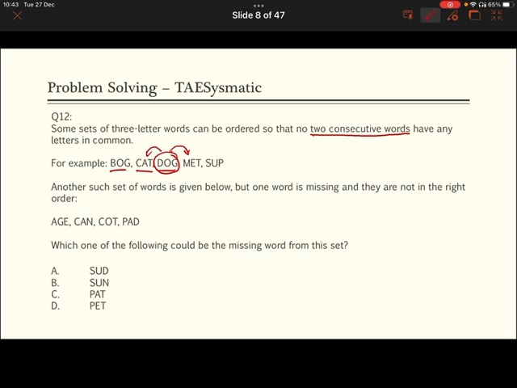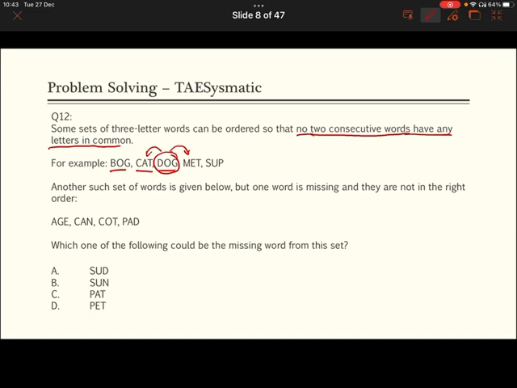They give us the example to tell us exactly what they mean by saying no 2 consecutive words have any letters in common, right? Many of the students, even including myself, after reading these sentences, are not quite sure what this exactly means.